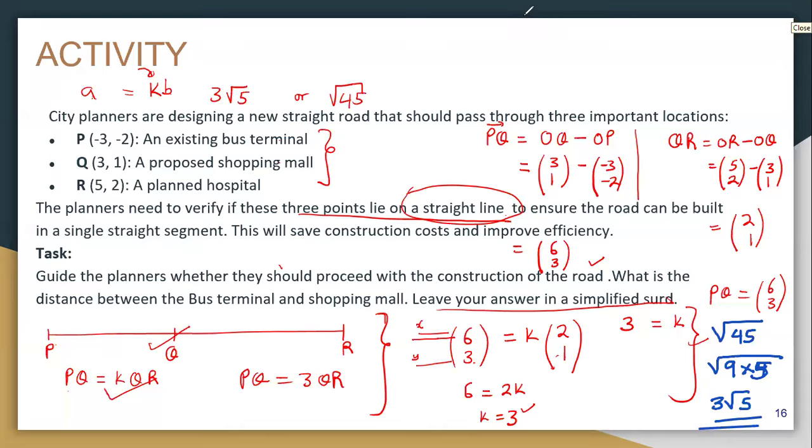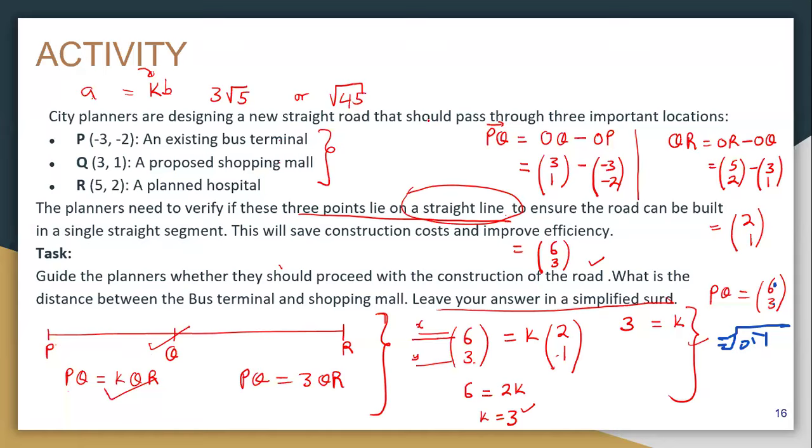Okay, I think the answers are all correct. Members, should we proceed? Those who don't know how we have obtained the distance, you just get the magnitude, x squared plus y squared. So 6 squared plus 3 squared, that is 36 plus 9, which gives us 45. Members, are we on the same page?